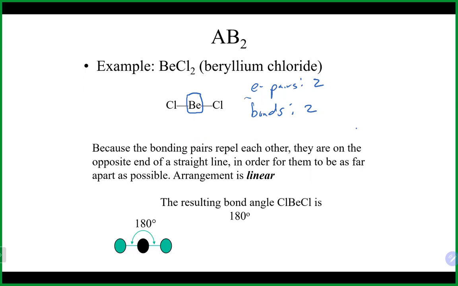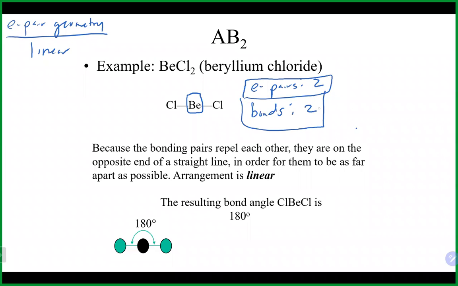It is the electron pairs around the central atom that determine the electron pair geometry, and the electron pair geometry with two electron pairs is also known as linear. When you take the electron pairs around the central atom and how many bonds there are together, that will give you your molecular geometry, which will be your shape.